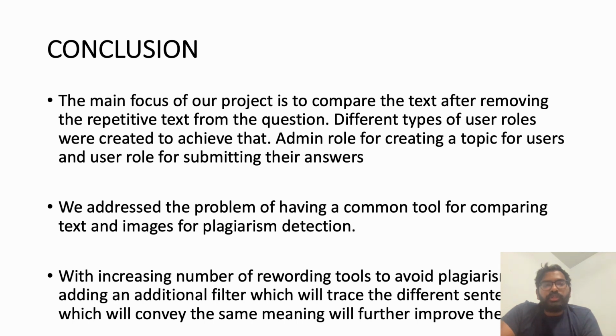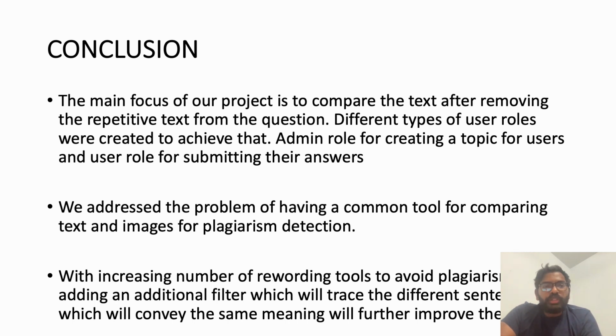And the future work for this might include, like today we can see many tools online where if you enter text, it can rephrase the sentence and give you a different sentence which conveys the same meaning, but which won't be shown as plagiarized when you check for plagiarism.